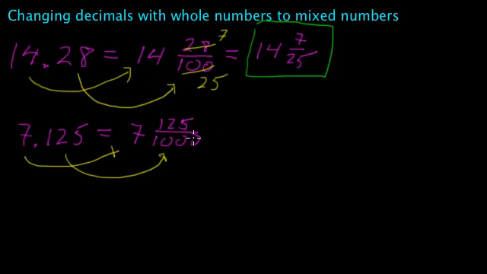All right, is that 125/1,000ths in lowest terms? No, it is not. If you want, you could do a prime factorization of both numerator and denominator, or you can go in smaller steps, which I'll do right now. If I look at this at first, I say, well, 5 goes into both of these two numbers.